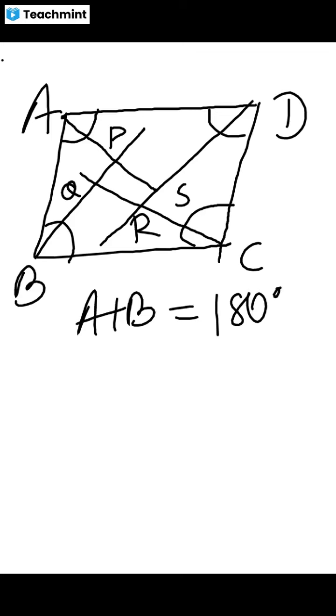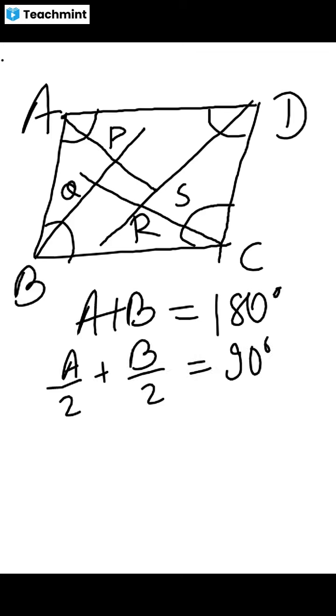A plus B is 180 degrees. Then half of A and half of B will be equal to 90 degrees. Which one? This one and this one became equal to 90 degrees.